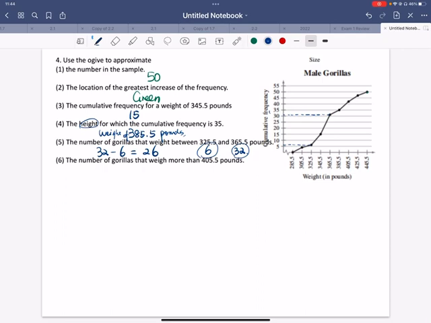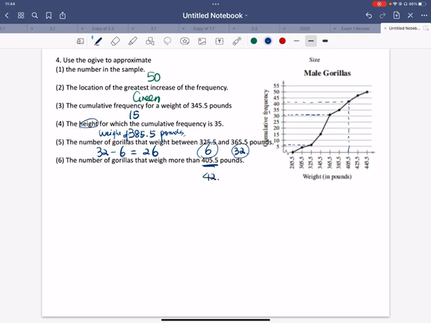Lastly, more than 405.5. Okay, so on this number, I see the cumulative frequency is about 42.